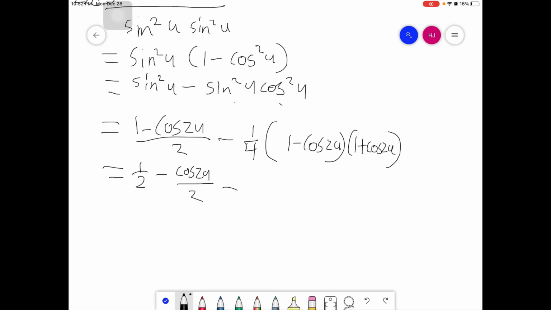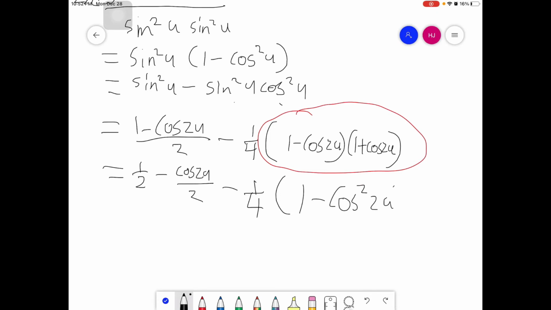And for this part, if you've done a lot of math in pre-calc, then maybe you can recognize that as the difference of squares. Or if not, you can just multiply it out. But in the end, when you multiply this out, you should get 1 minus cosine squared 2u.